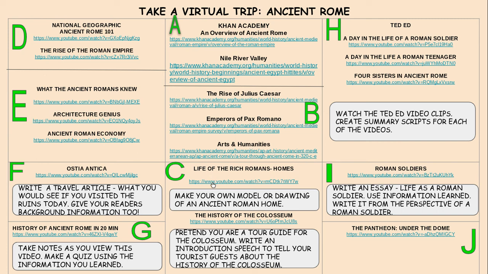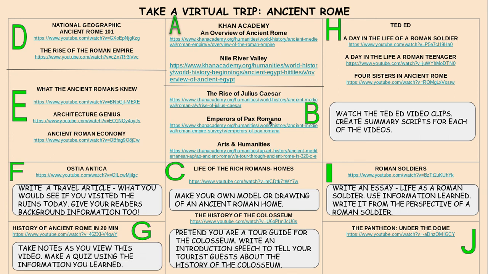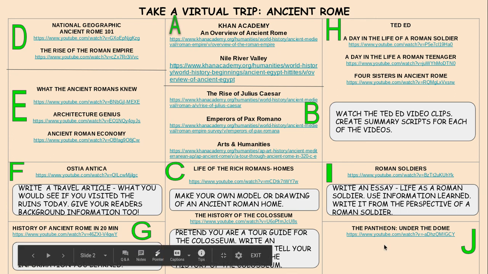Instead of doing a Google form, if you're watching the videos in section C, you can do these 2 things. Okay, if they don't have a bubble, like section D, E, B, and J do not have a bubble, then you need to fill out a Google form for that. They are the only ones.